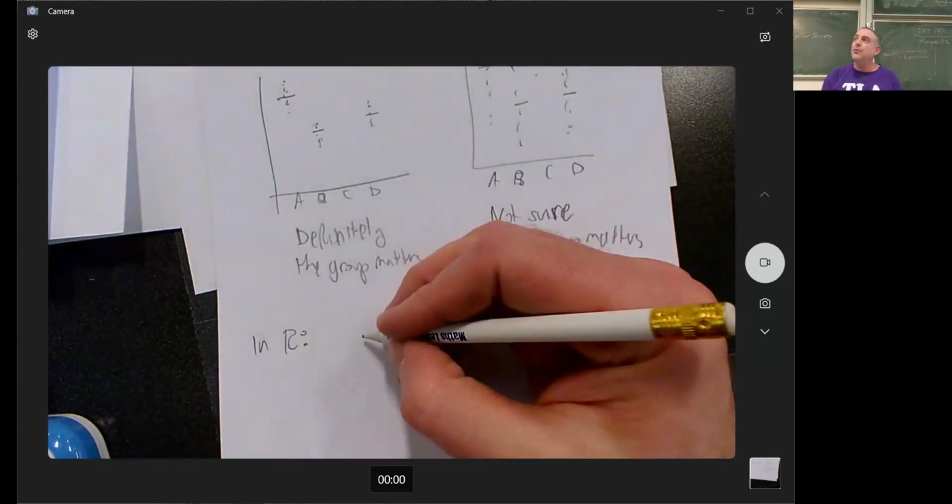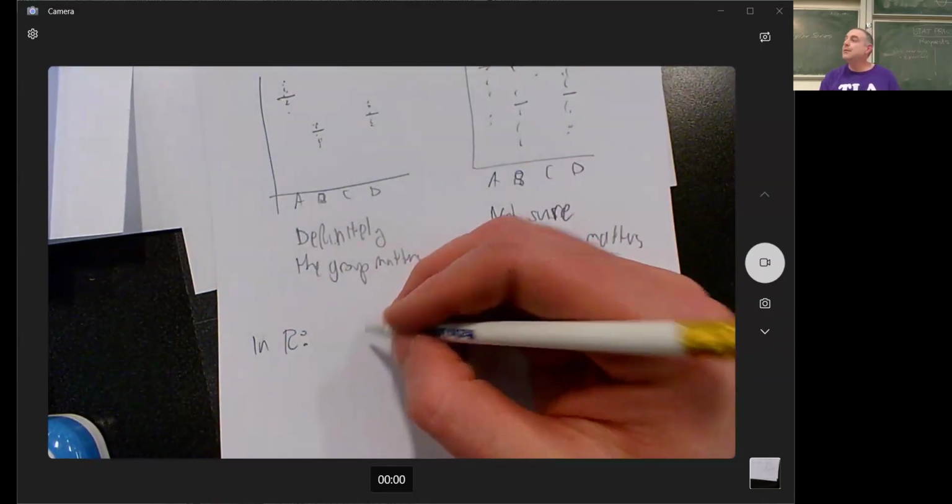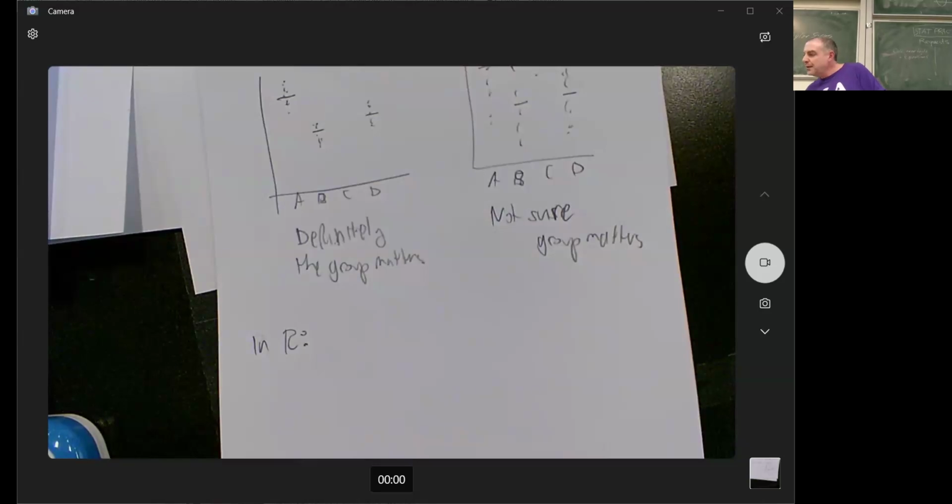I'm pretty sure it's AOV. Does that sound like a thing? That would be in the Pracs, not in the lectures. The R code that you would write to get it to do an ANOVA.